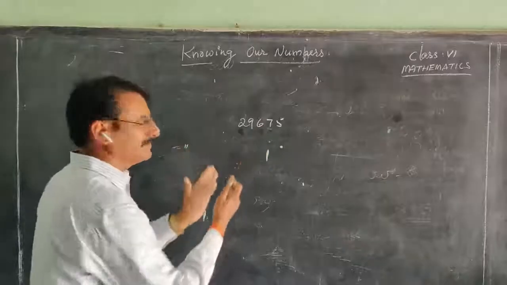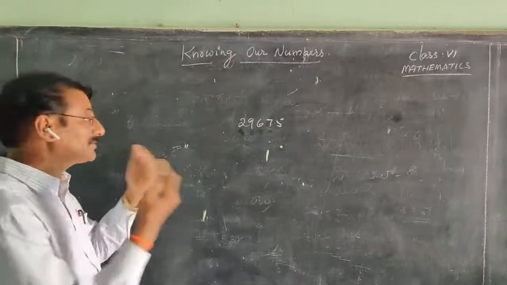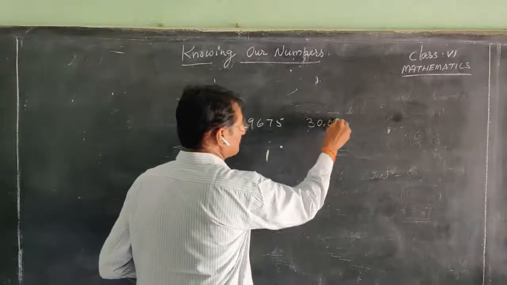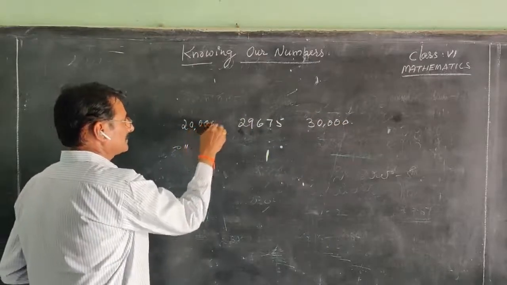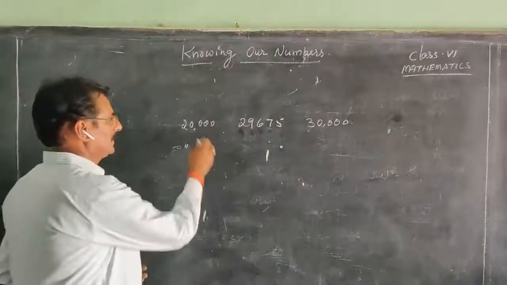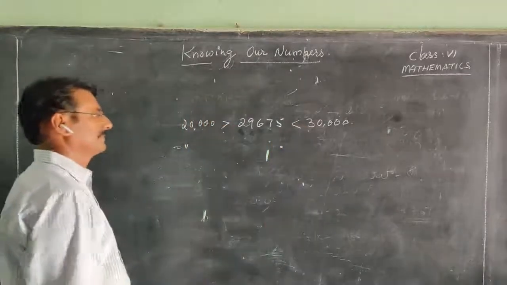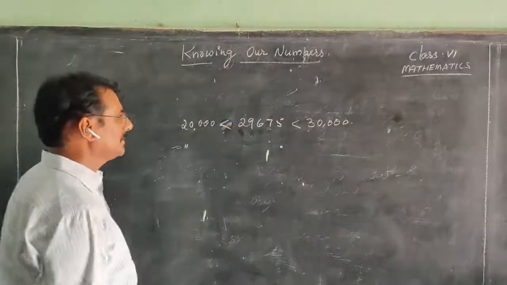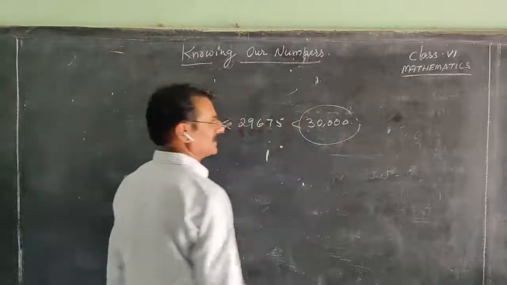It is between which zero numbers? It is less than 30,000 and greater than 20,000. It is nearer to 30,000. We can round off this number to 30,000.